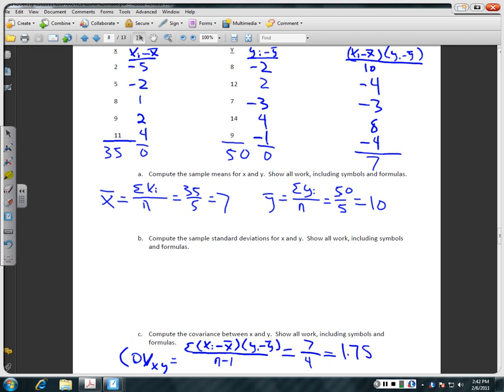Okay, to get the standard deviations, I'm going to have to square the deviations there. That's 50. Draw a box around that to make it easier to find in a minute.